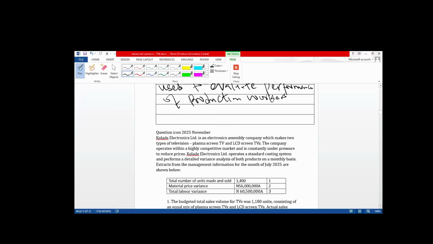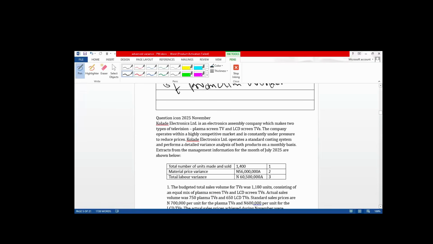Colade Electronics Limited operates a standard costing system and performs a detailed variance analysis of both products on a monthly basis. Extracts from the management information system for the month of July 2025 are shown below.